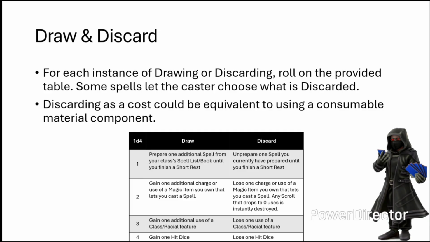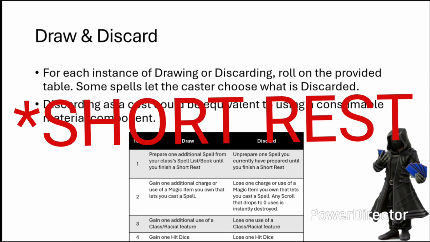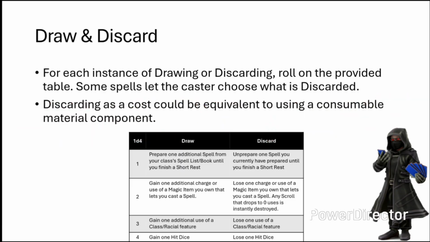Now, what are these drawing and discarding benefits and debuffs? Well, for drawing a card, we have preparing one additional spell from your class's spell list, or spell book if you're a wizard, until you finish a long rest. Subsequently, the discard ability is that you unprepare one spell you currently have prepared until you finish a short rest.